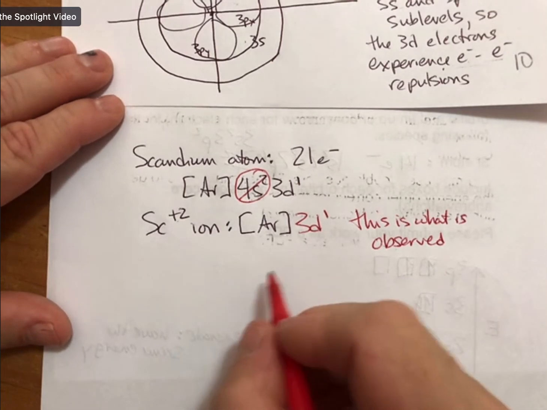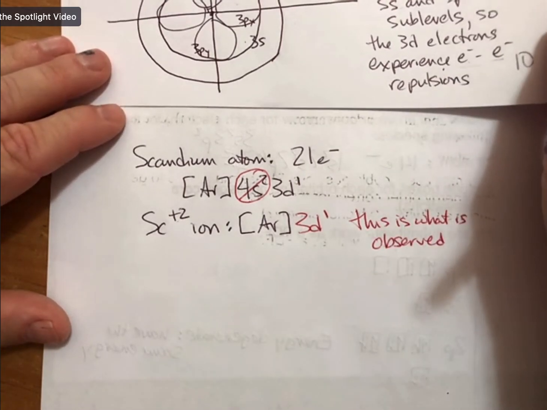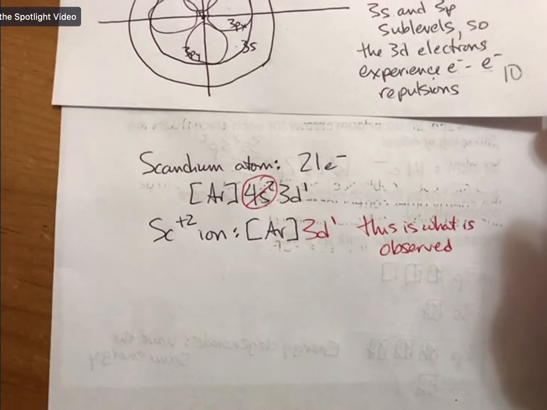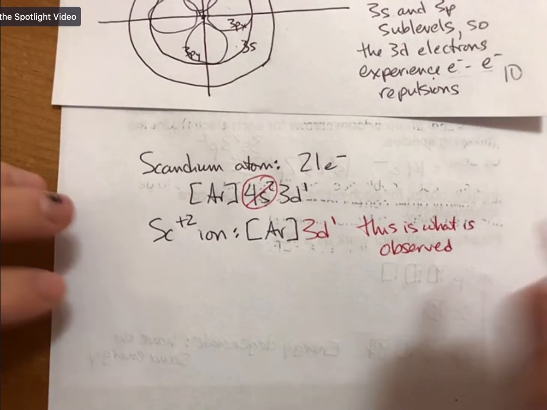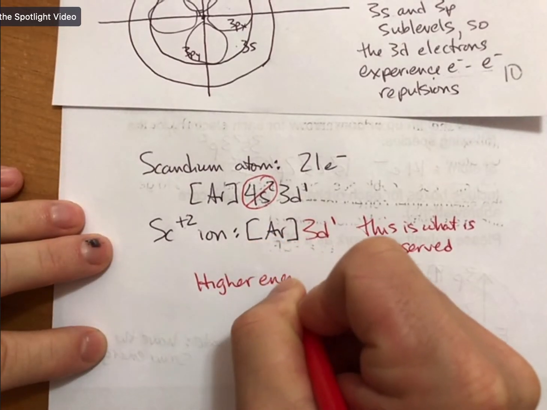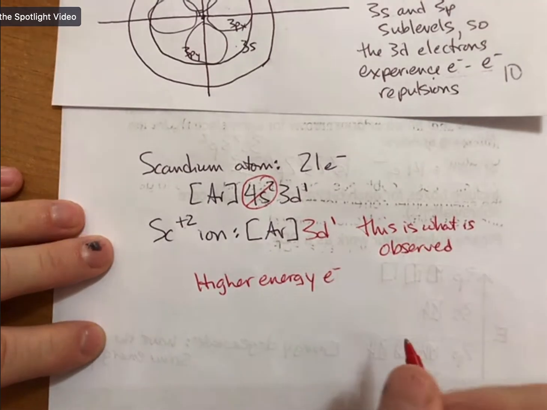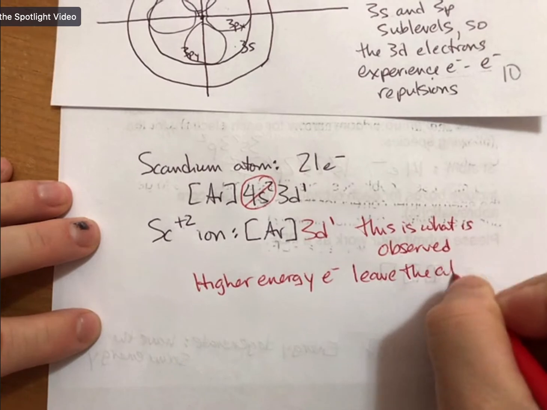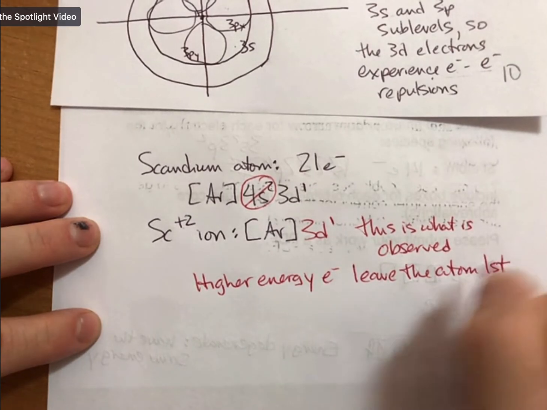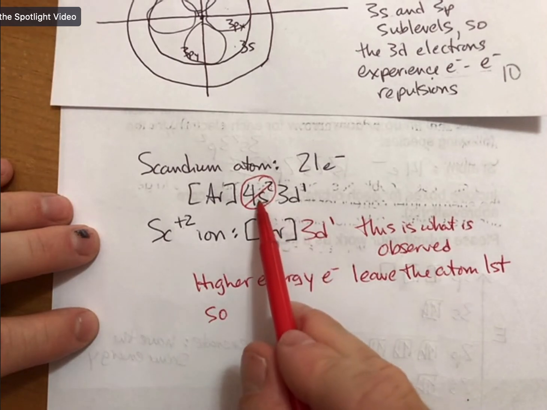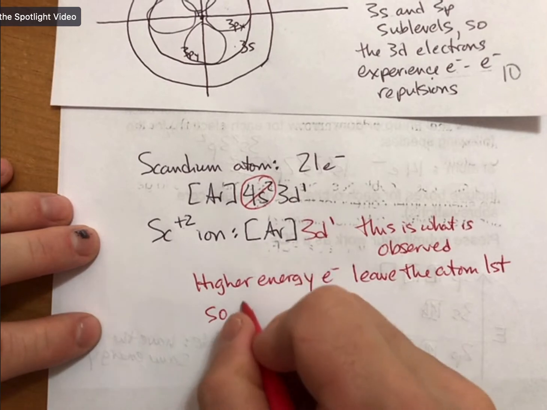And just like we previously said that electrons go to the lowest energy place first, so higher energy electrons leave the atom first. So the 4s electrons must be higher in energy than the 3d electrons.